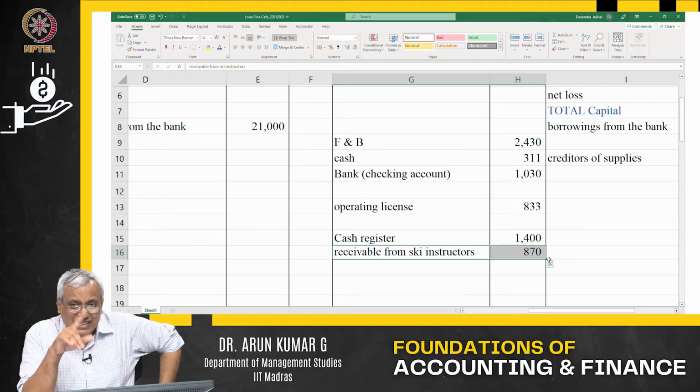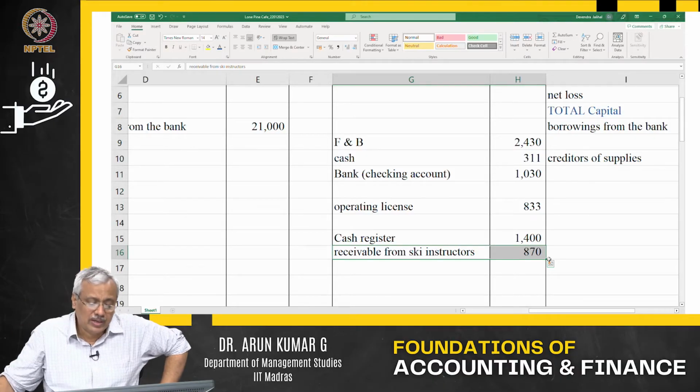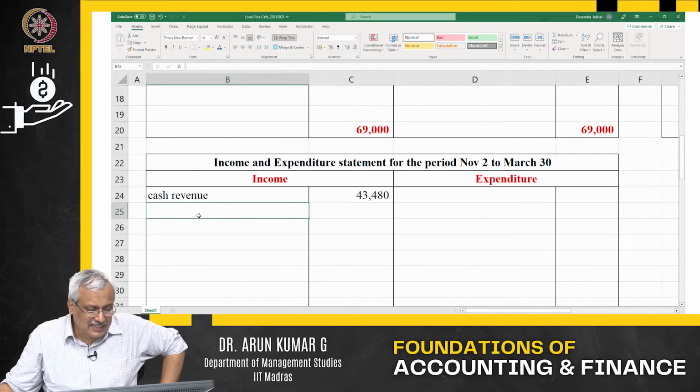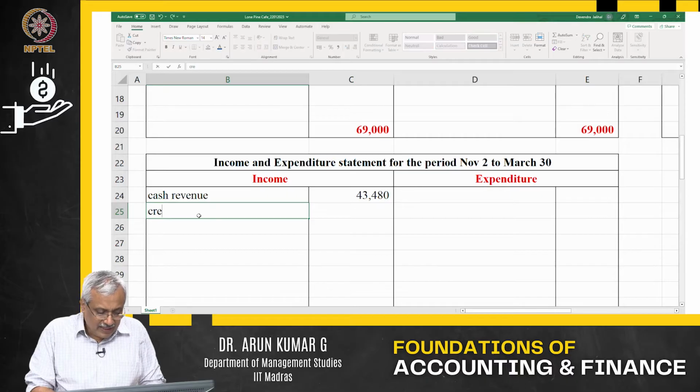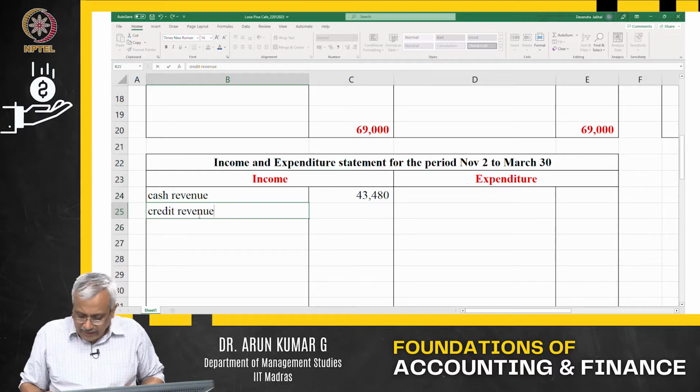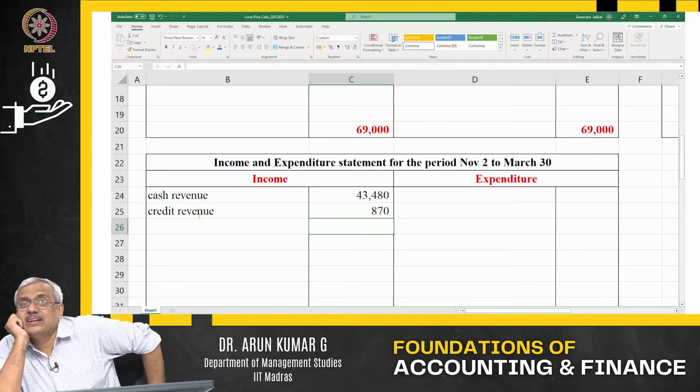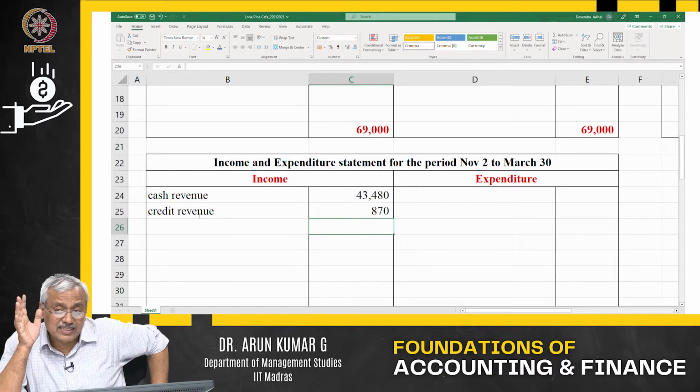Only when you have sold something is it receivable. That means a sale has taken place, and revenue has accrued. In this case it is receivable, that is, credit revenue. How much is it? $870, because I have to receive the money. I may not receive it, that is a different issue.